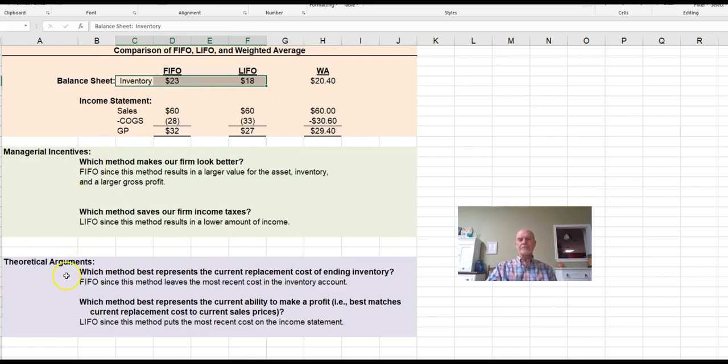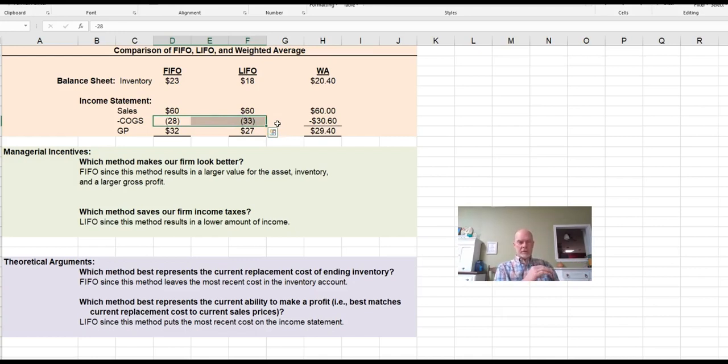On the other hand, which method does a better job of representing the current ability to make a profit? In other words, matches current cost to our current sales price. Well, the LIFO method takes the most recent cost and puts it onto the income statement.